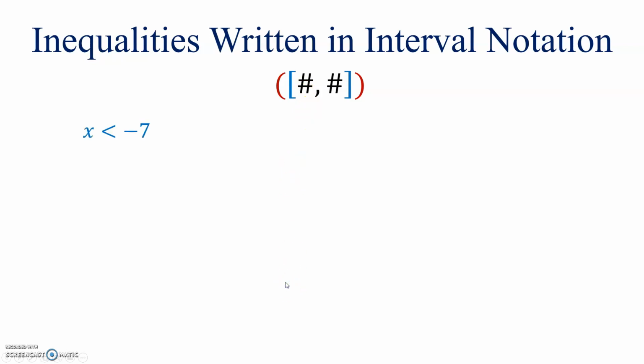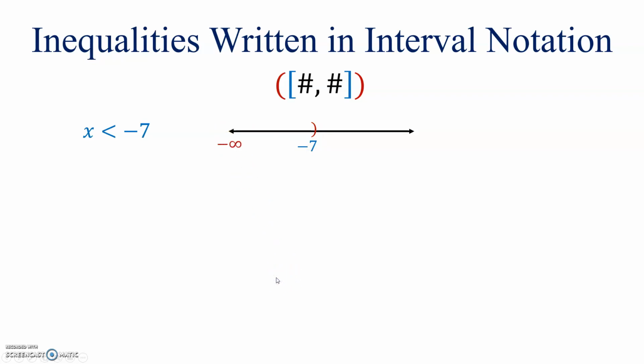So we'll start with an example where we've got x is less than -7. If we graph this on a number line, old school, would have first had the open circle, but we saw from the previous lesson, we can now simply use the parentheses to illustrate that we would not include the -7, and we would have included everything to the left of it.